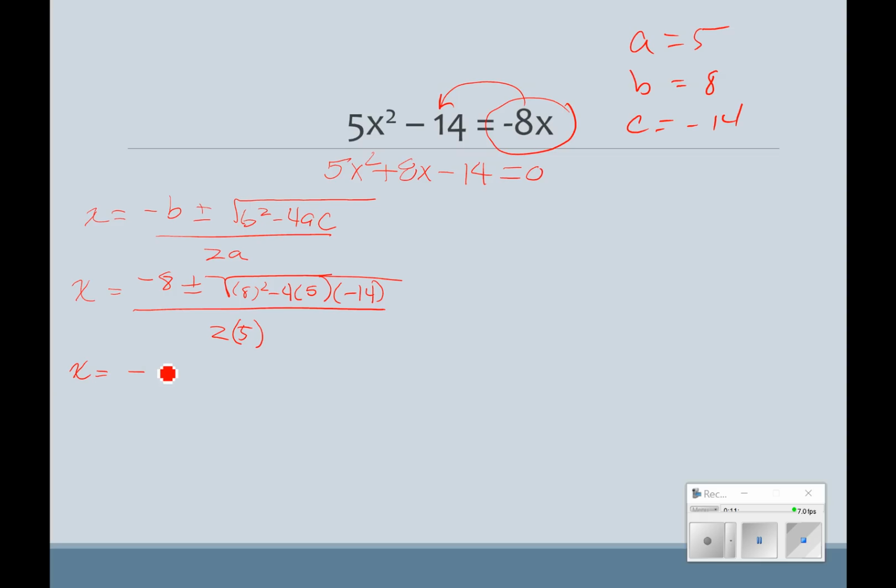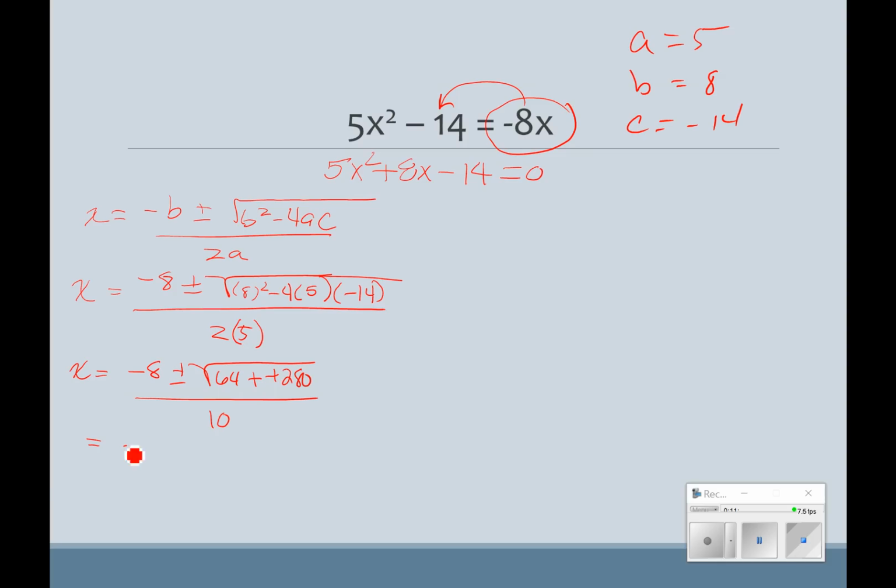Okay, so I get negative 8 plus or minus the square root of 64 minus 4 times 5 times 14, negative 14 is negative 280 all over 10. Remember, minus a negative is plus a positive, so 280 plus 64 is 344.